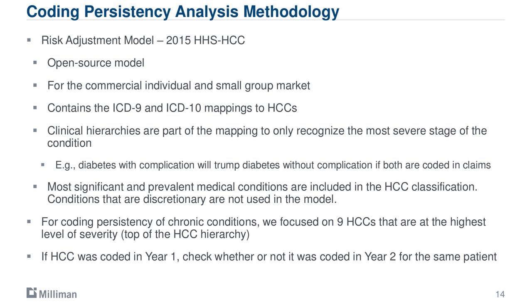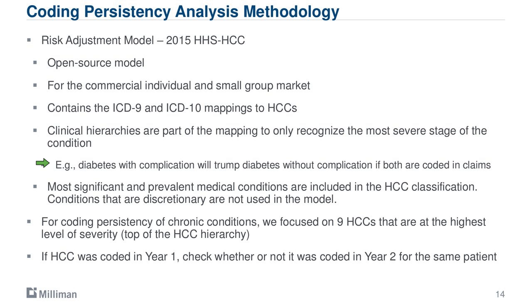Here's an example: diabetes with complication and diabetes without complication. If both were observed during the same year, the more severe one trumps the other, so the other one will not get credit in the risk score system, and the more severe one will.